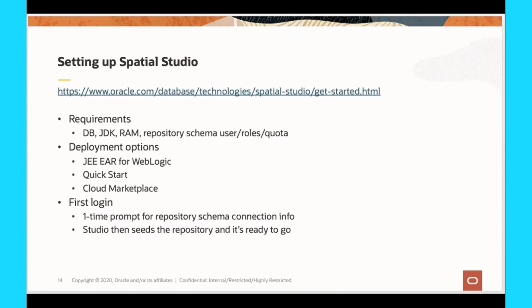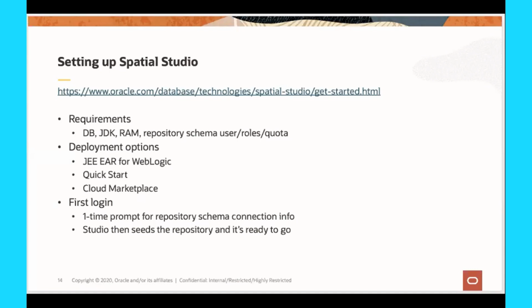There are technical requirements for the version of Java, the amount of RAM available, and for a database user to be available for Studio to use for storing its own internal metadata. That set of requirements is part of what's in that Getting Started link.